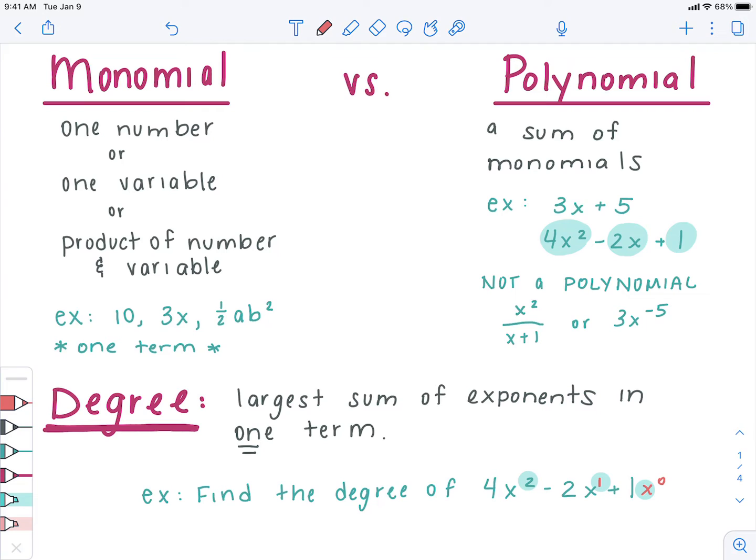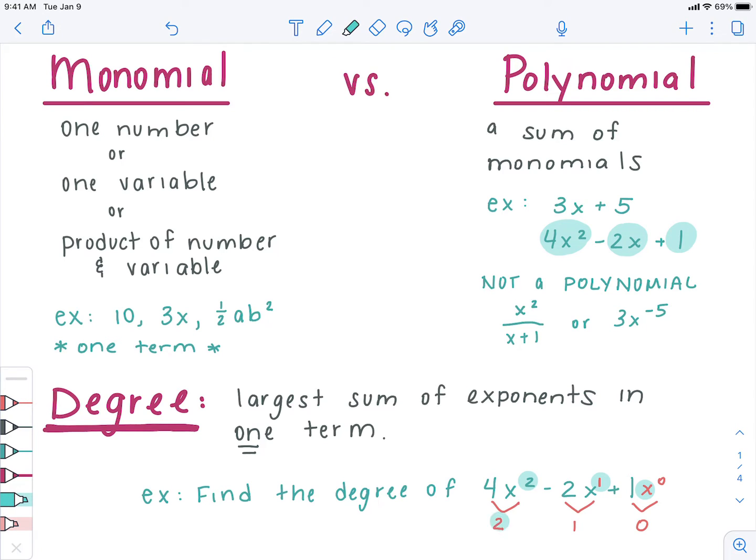So then I just want to go through and look at each term and add up all the exponents that I have. In this situation, there isn't anything to add because I only have one variable in each term. So all I have to say is, okay, my sum of exponents here is just 2. My exponents here, 1. My exponents here, 0.